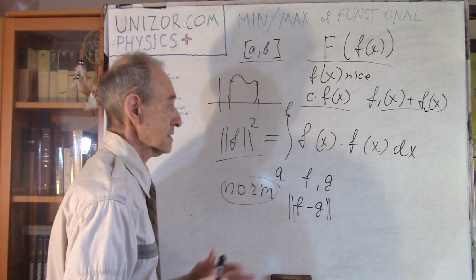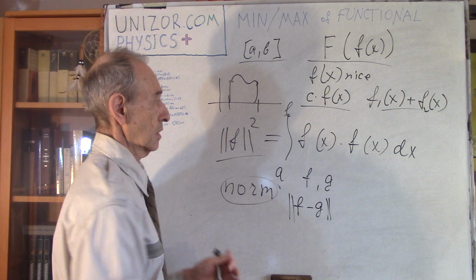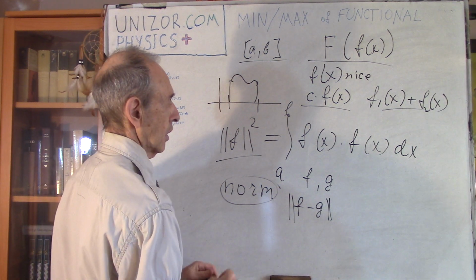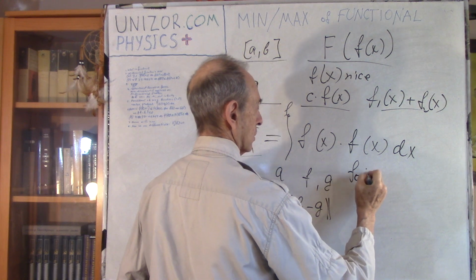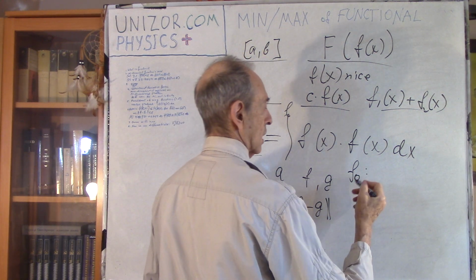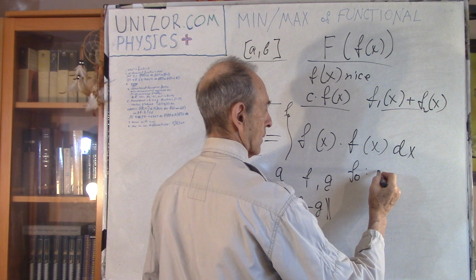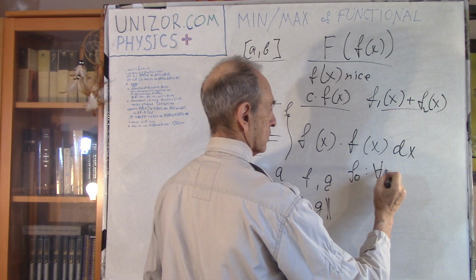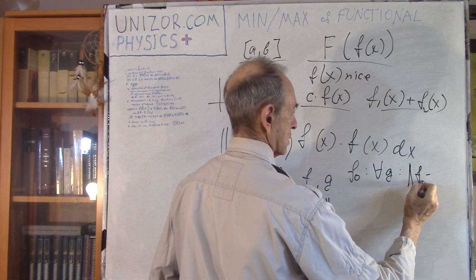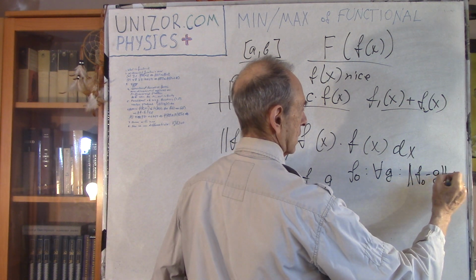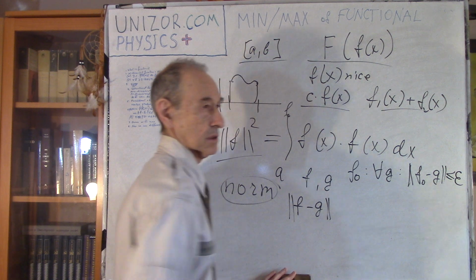Since we defined the distance, we can define a small neighborhood. The small neighborhood of function f0 is all g such that the norm of f0 minus g is less than some epsilon.